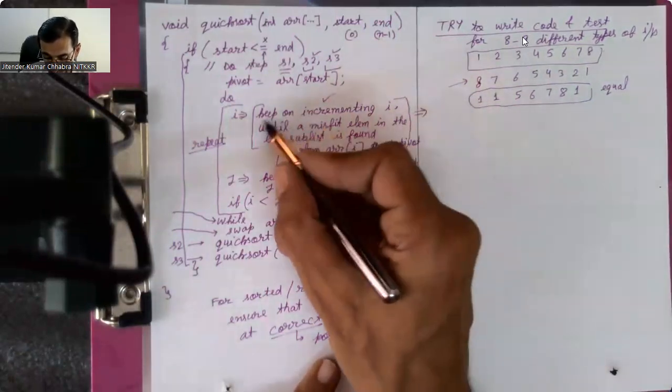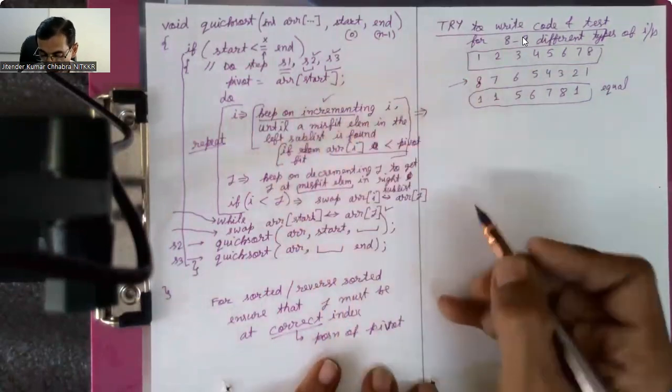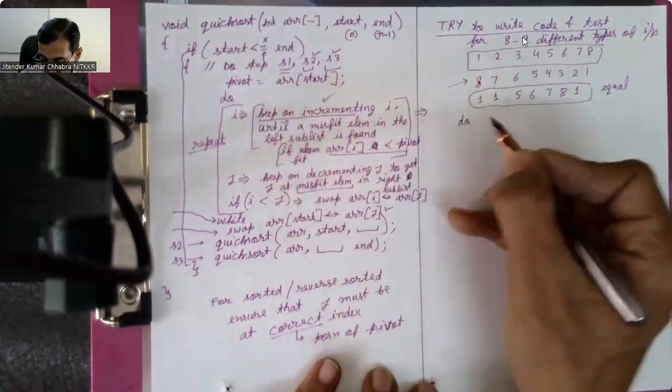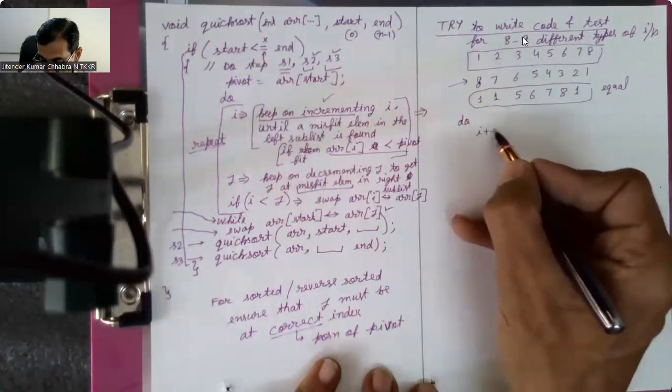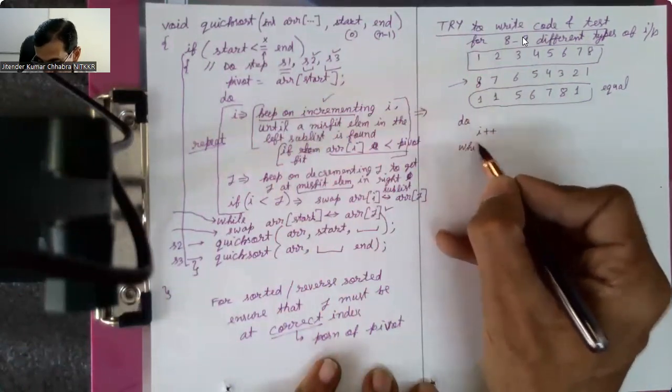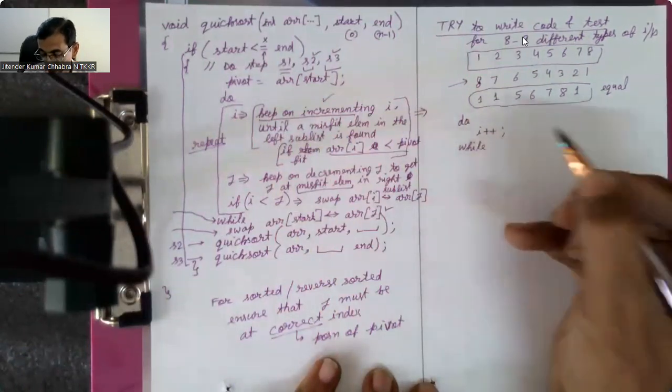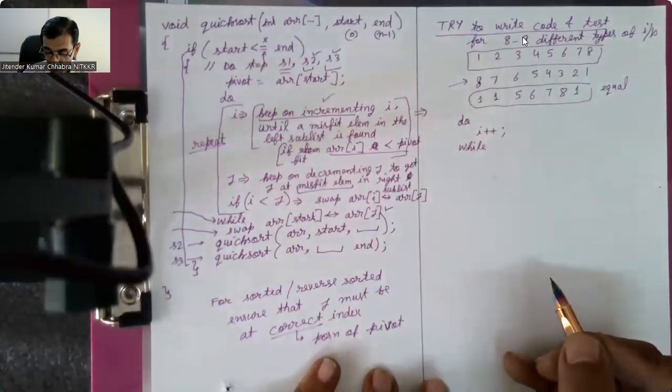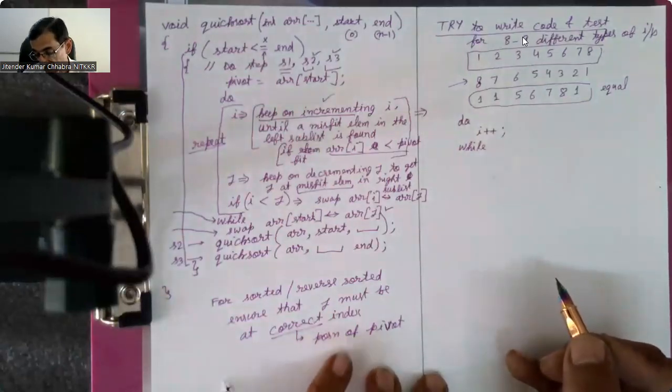Keep on incrementing I. I say this can be the simplest way to use do while. And this is one situation where if you try using while, you might make some mistake because it might remain in the loop on some special data.